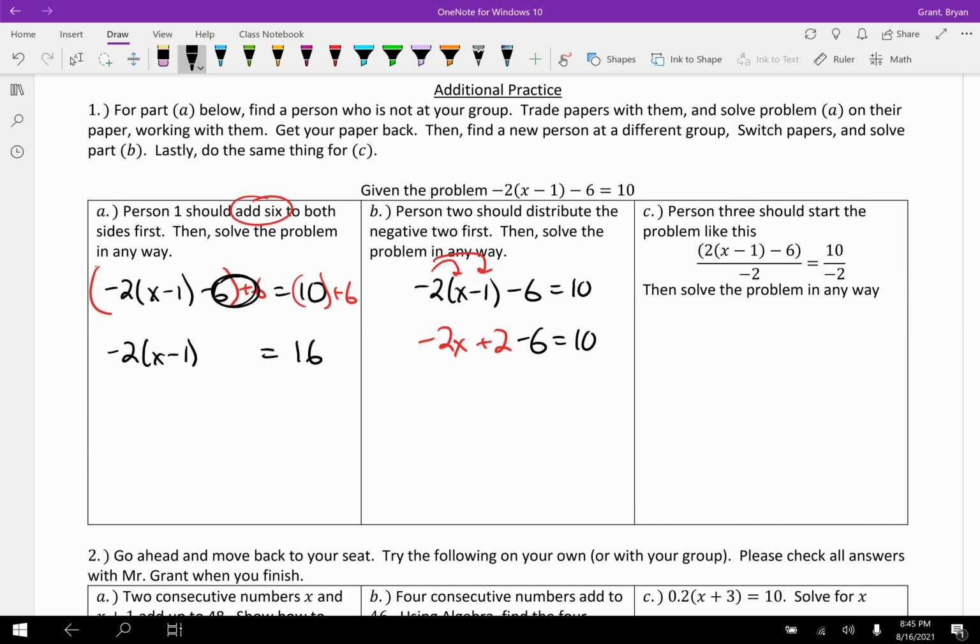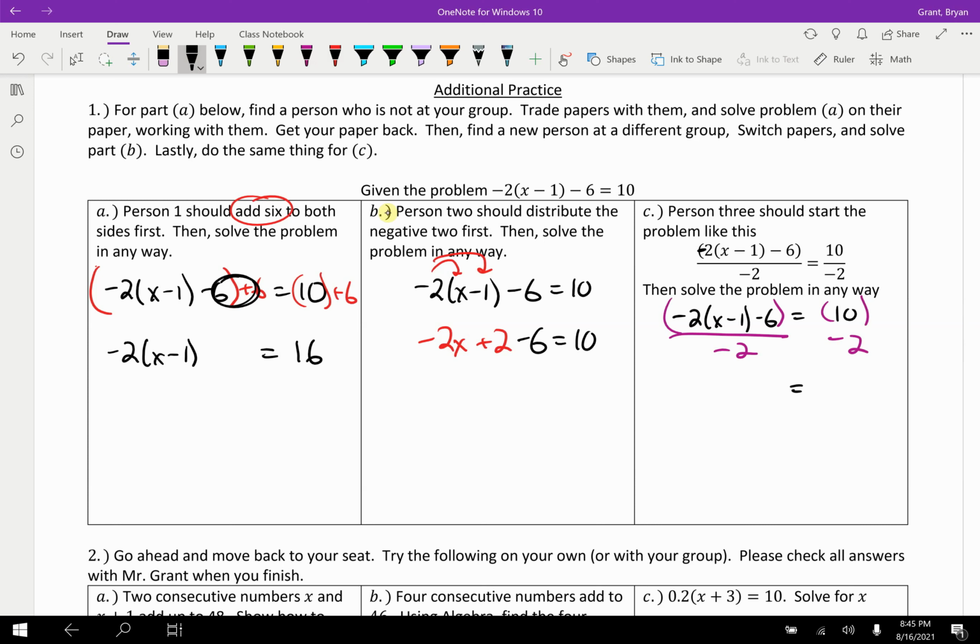The last one, though, I wanted to look at because it's a little different than anything we've done today. The last one is suggesting that we should take this same problem. There's a negative missing up here, awkward. This -2 times x minus 1 minus 6 and equal to 10 on this side. And they're saying we want you to divide all of this by -2. Divide by -2.